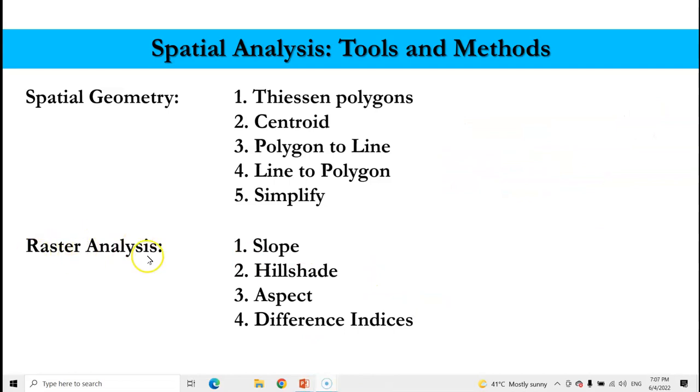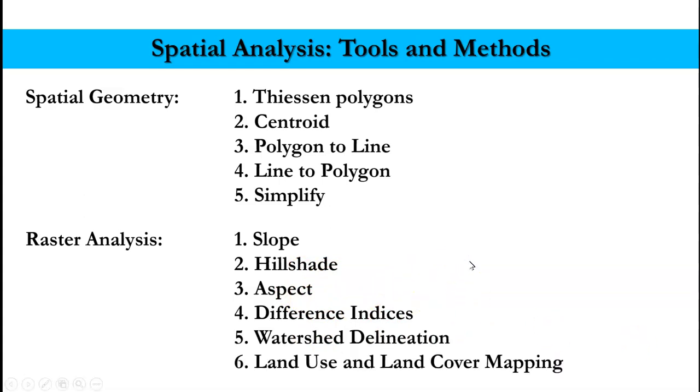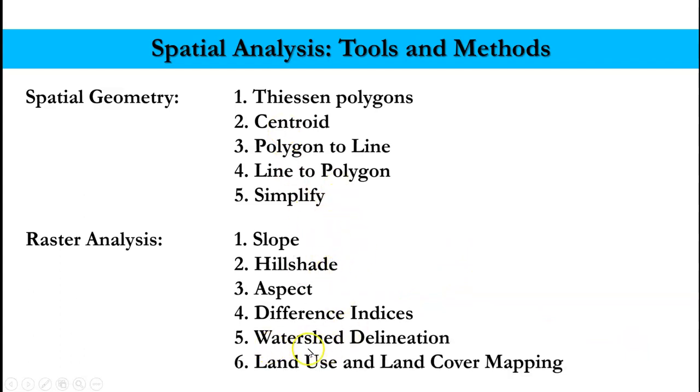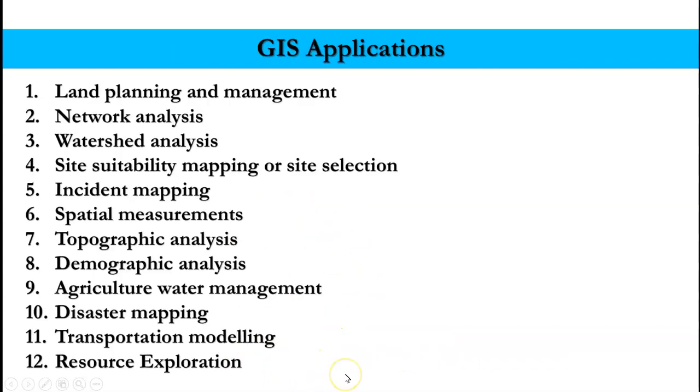Another kind of raster analysis is slope. You can create slope by using the DEM, and you can also create hillshades, aspects, and different indices, land use, land cover, and watershed delineation.